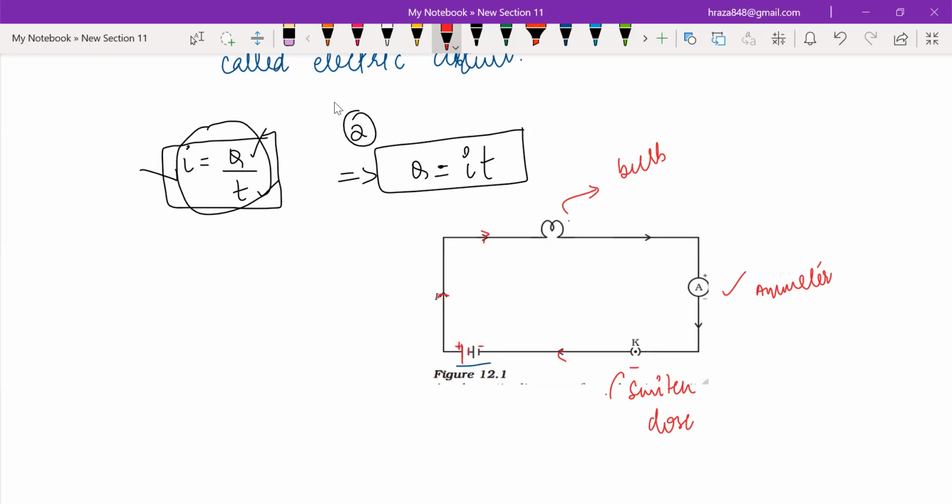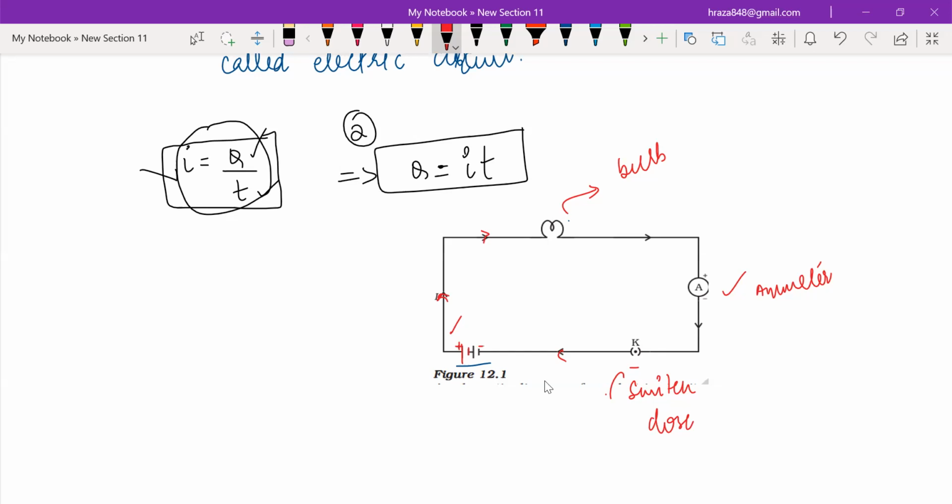Always remember that the flow of electron is opposite to the flow of current. If current is flowing from positive to negative, the direction of electron will be negative to positive. Is that clear?